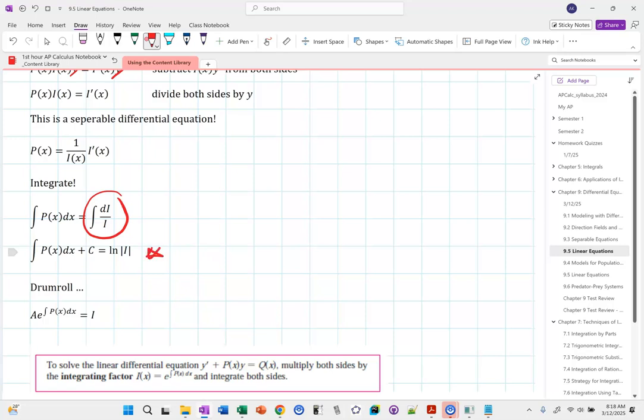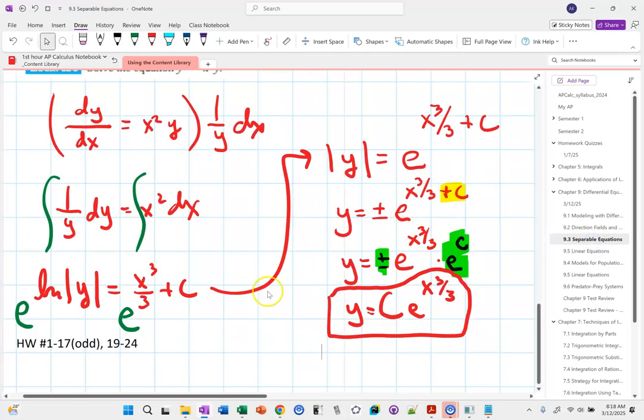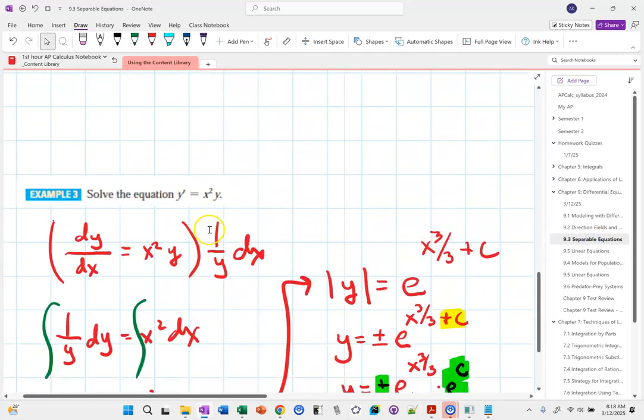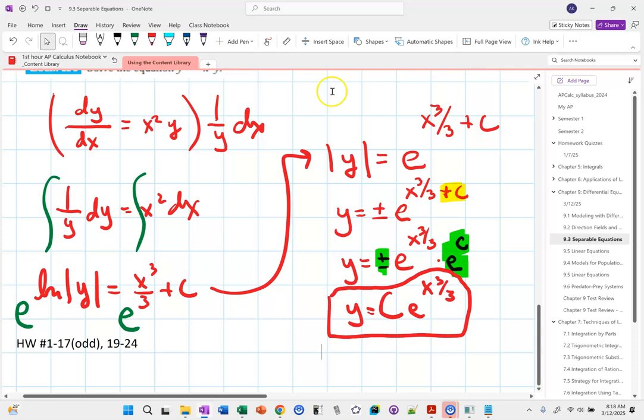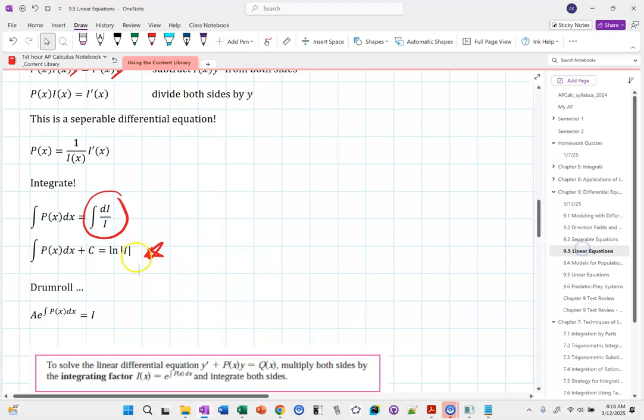And this should look really familiar. It's like the last thing that we did here, right? Where we had 1 over y equals some function of x. Ooh!